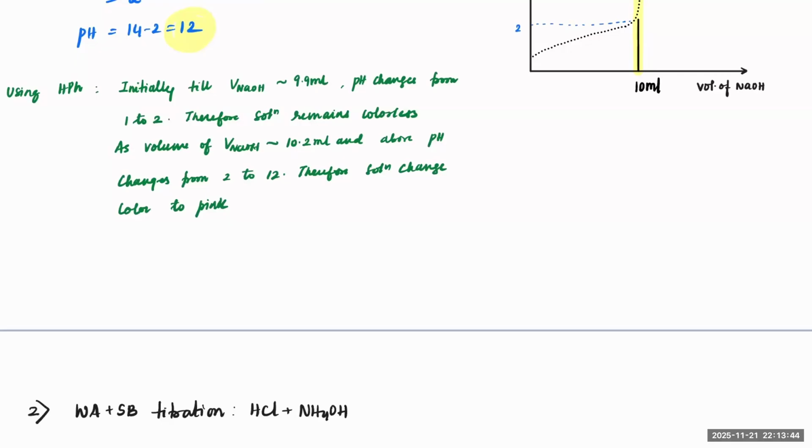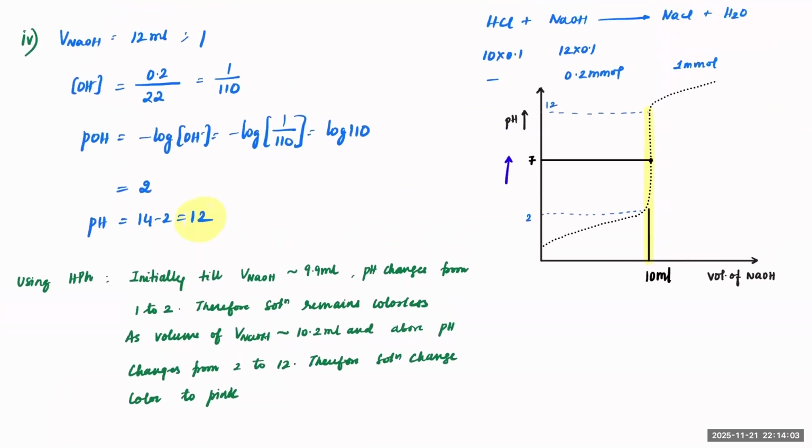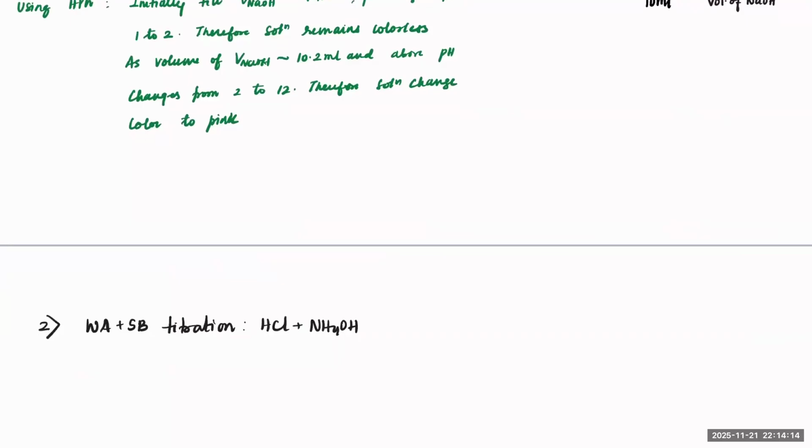Just with that small droplet of 1 ml, from colorless, immediately it will become pink. And that's an indication that the neutralization point is reached. So yes, using phenolphthalein, we can definitely recognize it because the range of change in pH is drastic, from 2 to 12. So phenolphthalein can be used as a very good indicator.